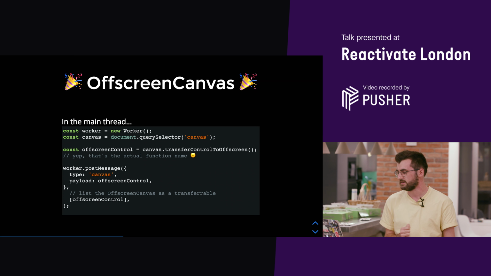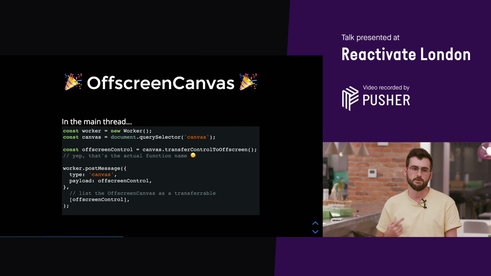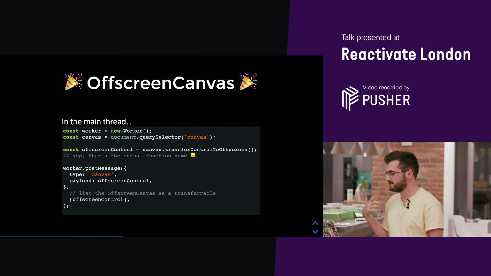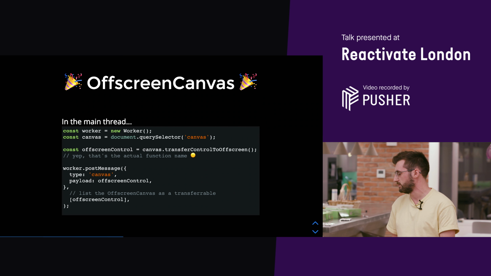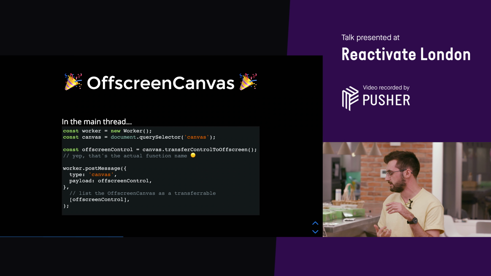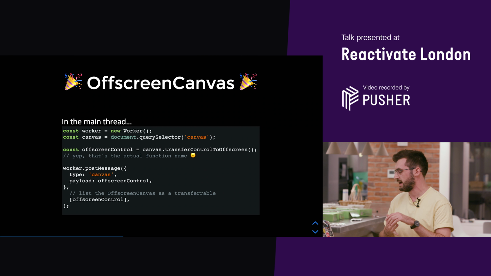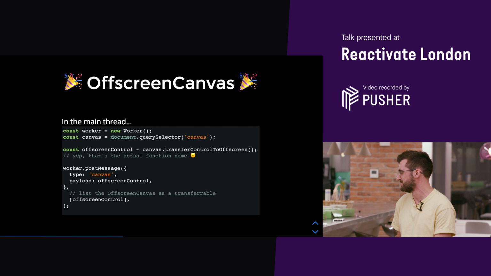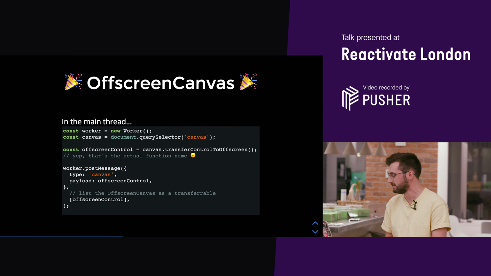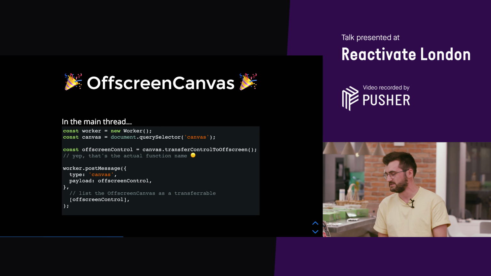Anyway, to use OffscreenCanvas, you use it pretty much like you would a normal canvas, which is great. In your main thread, you set up a worker with your worker code, and you create a canvas, and then you use another massive function name called transferControlToOffscreen, and that gives you a transferable.